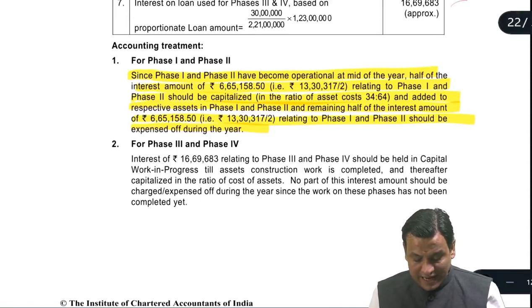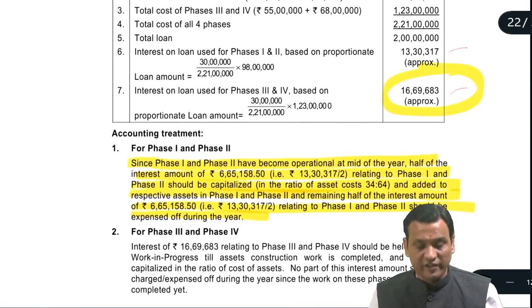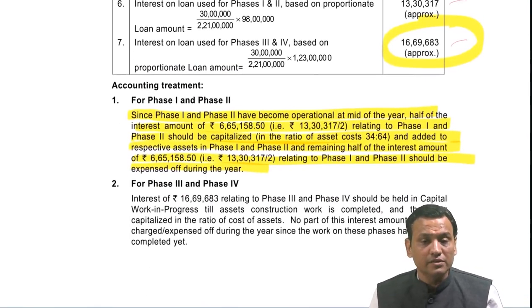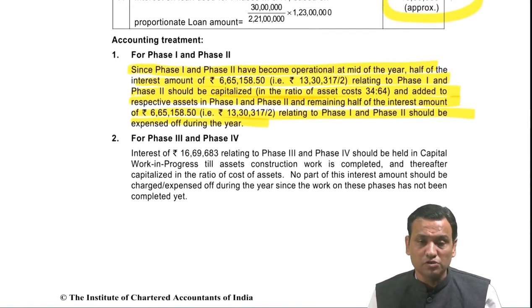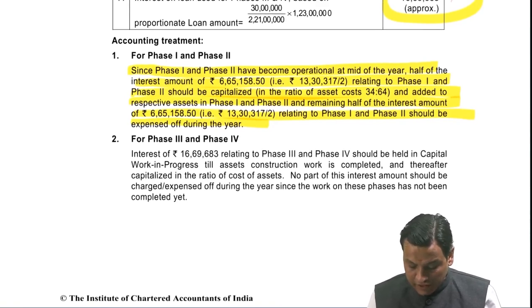Interest of 16,69,683, which is pertaining to phase 3 and phase 4, should be held in capital work in progress till the asset construction work is completed and thereafter capitalized in the ratio of cost of asset. No part of this interest amount should be charged or expensed off during the year since the work on this phase has not yet been completed.